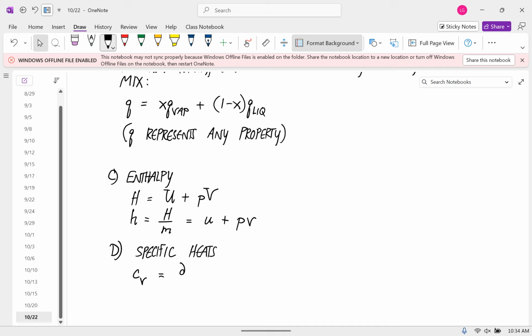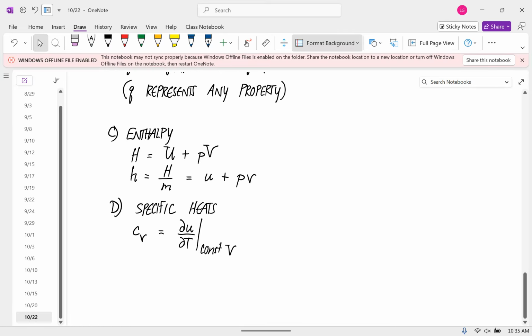CV is equal to the partial of specific internal energy with respect to temperature, evaluated at a constant volume. And CP is the partial of the specific enthalpy with respect to the temperature, evaluated at constant pressure.